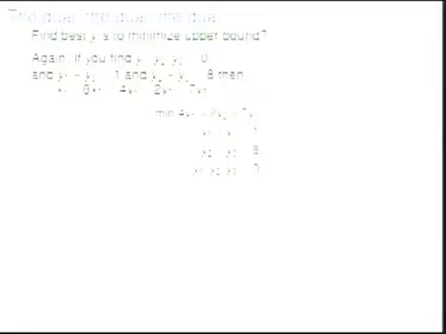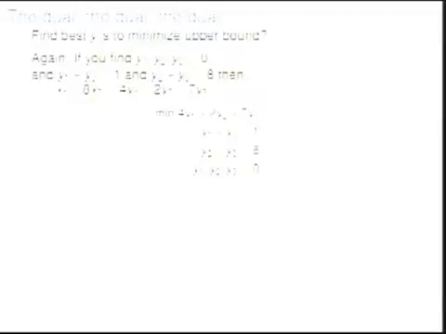That y1 plus y3 is greater than or equal to 1, and it should say y2 plus 2 times y3 is greater than or equal to 8. So subject to those two constraints, we should try to minimize this value.